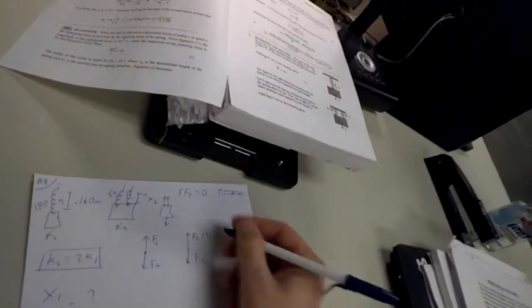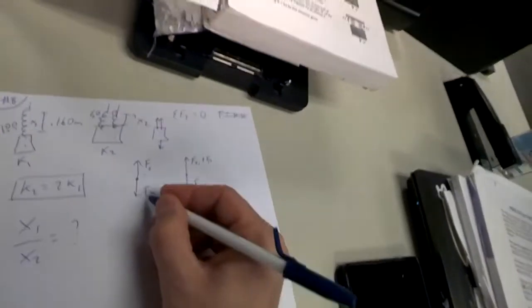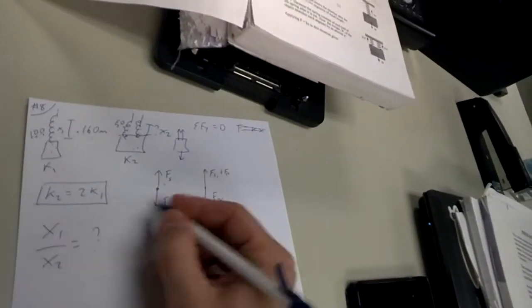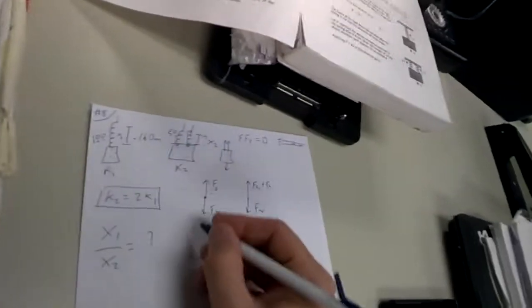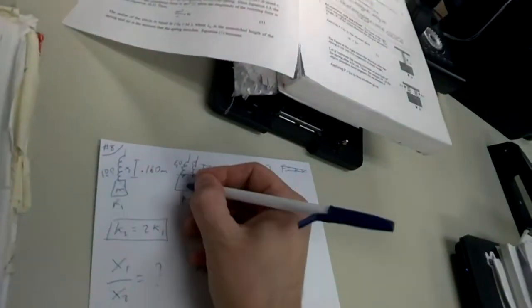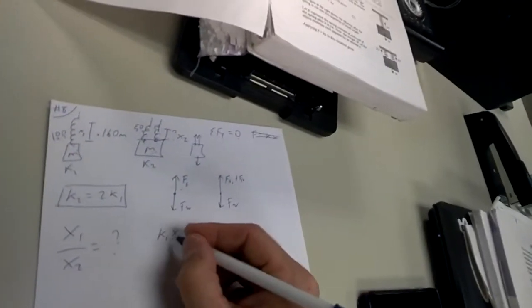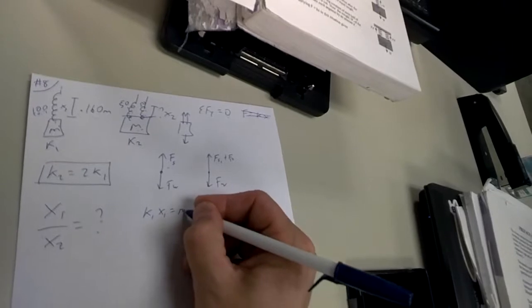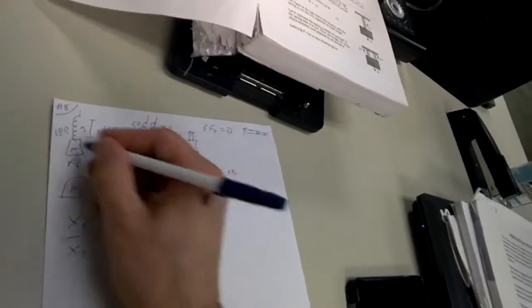Okay, let's now sum our forces in the y direction on both of these, and they add up to 0. I'll rewrite this ratio later. So the force of spring 1, which will be K1 x1, equals mg. The mass stays the same, since it's the same object, despite my horrible picture. So K1 x1 equals mg. There's my case 1 equation.